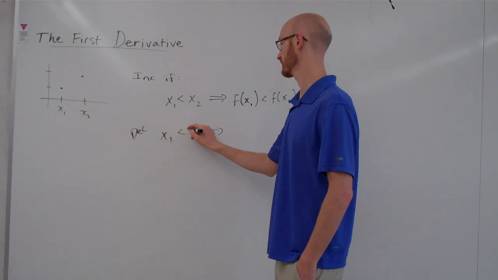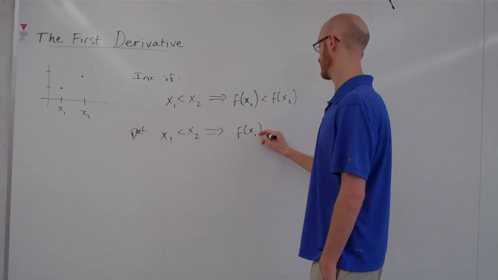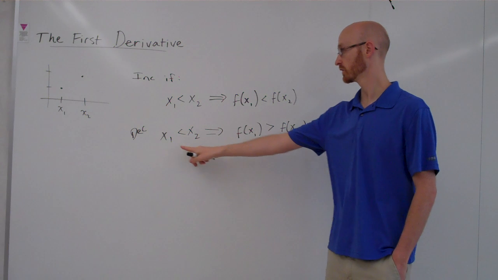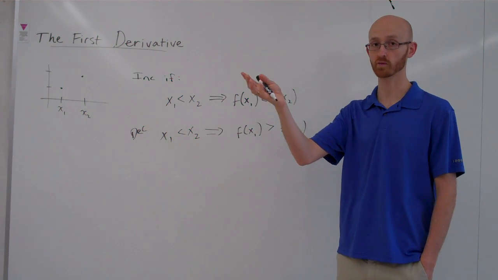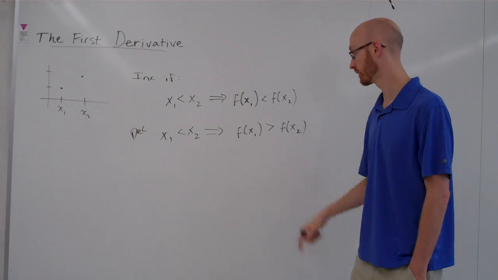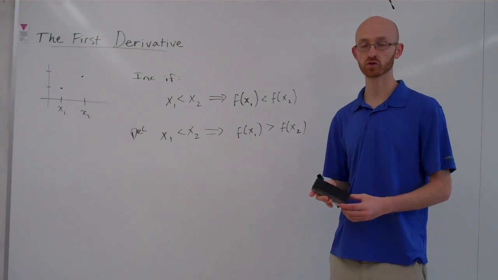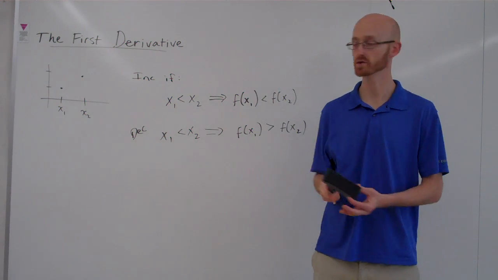If x sub 1 is less than x sub 2, then f of x sub 1 has got to be greater than f of x sub 2. In other words, your first input has to have a larger output than your second output. So that's just obviously intuitively, I'm sure you think, well, is it going up, increasing, or going down, decreasing?